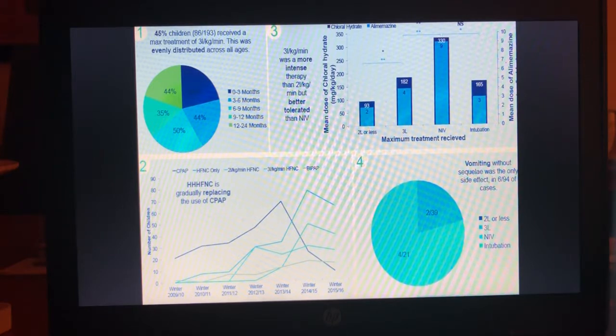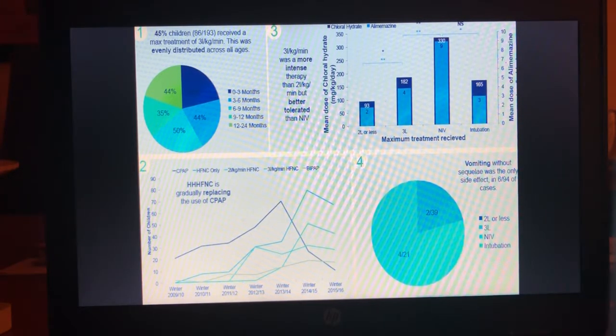And then moving across to number 3, you'll see a statement there suggesting that 3 litres per kilo per minute is a more intense therapy than 2 litres per kilo per minute, and hence on the bar chart on the right we can see that there's an increased amount of sedation used, but it is better tolerated than non-invasive ventilation, including CPAP.